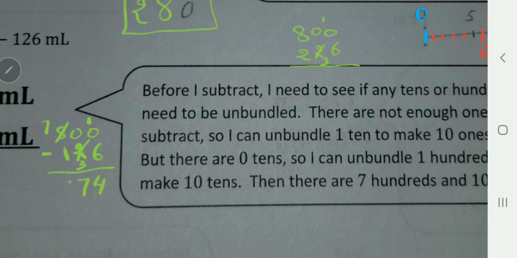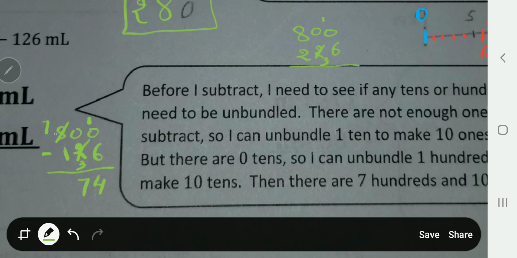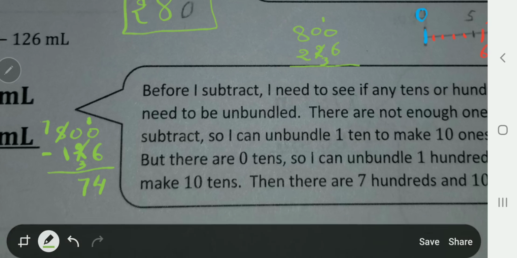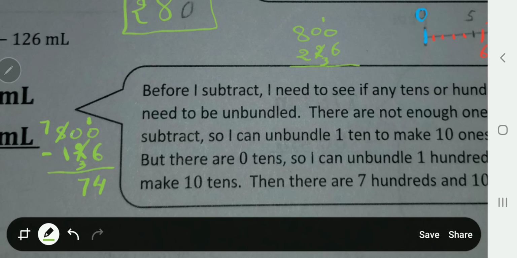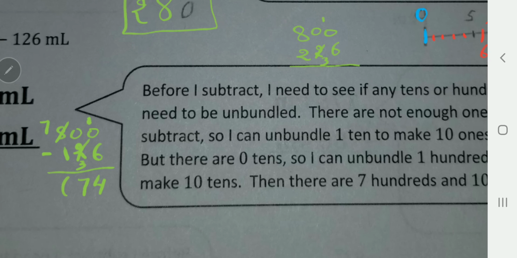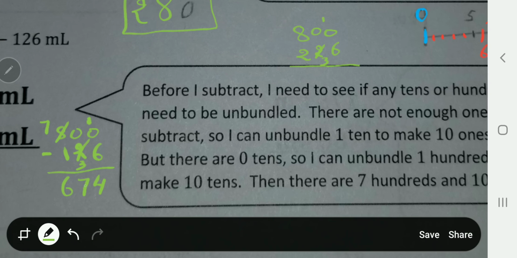That's going to be 7 here. And then now working here, I have 7 minus 1. 7 minus 1 equals what? 6, right? Very good. So the answer is 674.